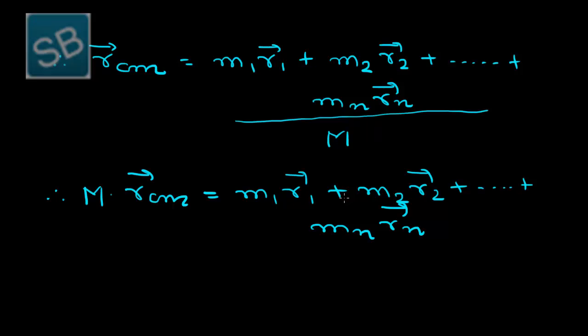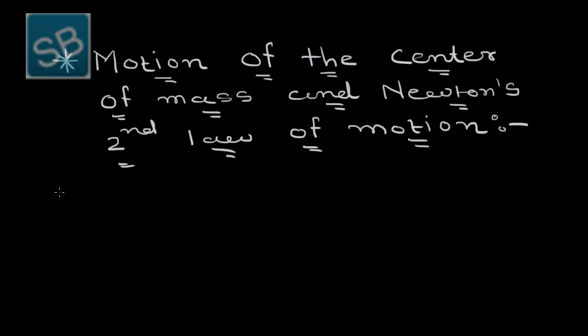But there are some sub-theories of this particular article which we are going to study in our next class. So here the theory is actually a sub-article of the center of mass of a system of n particles. This is the correlated theory between the motion of the center of mass and Newton's second law of motion.